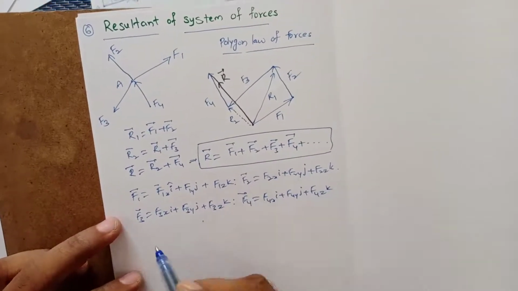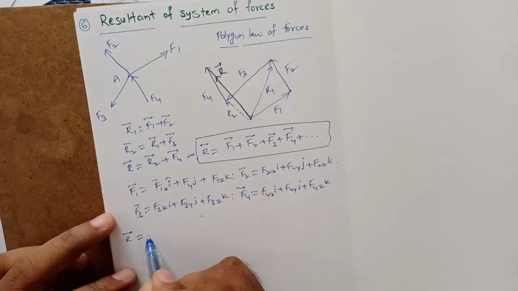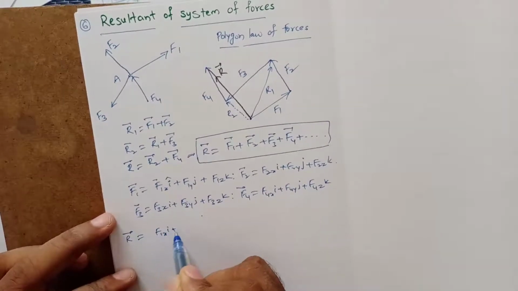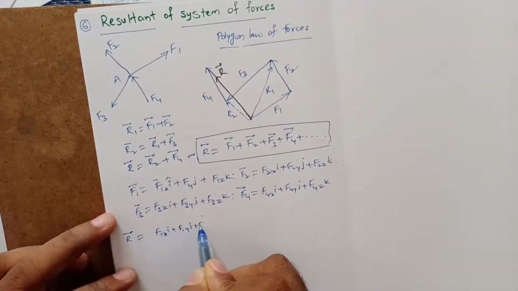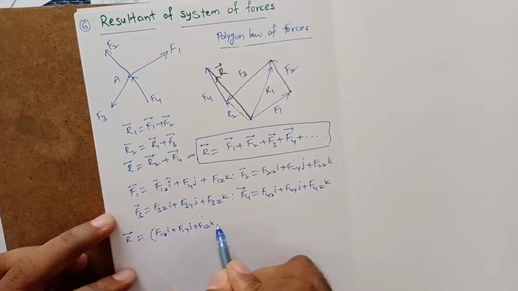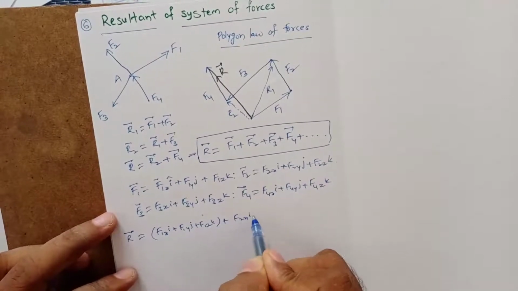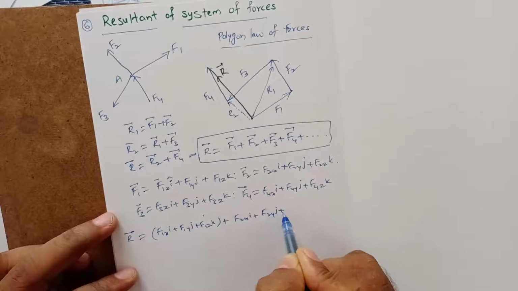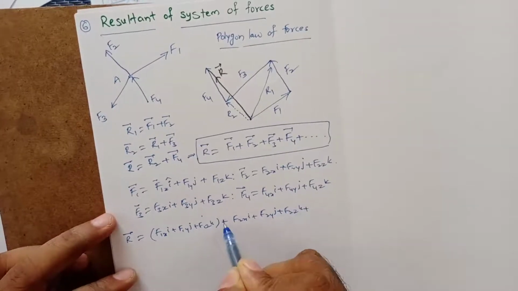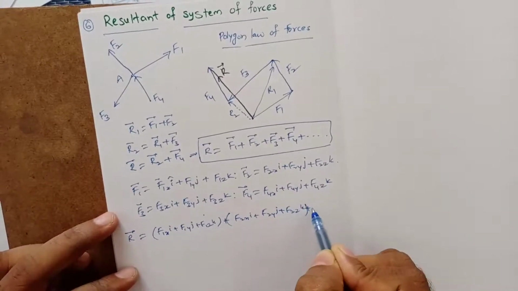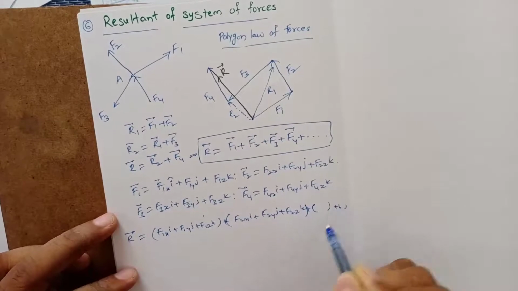Now substituting all these values here, this r bar is equal to f1x i cap, f1y j cap, f1z k cap plus f2x i cap, f2y j cap, f2z k cap plus, and so on, like this.